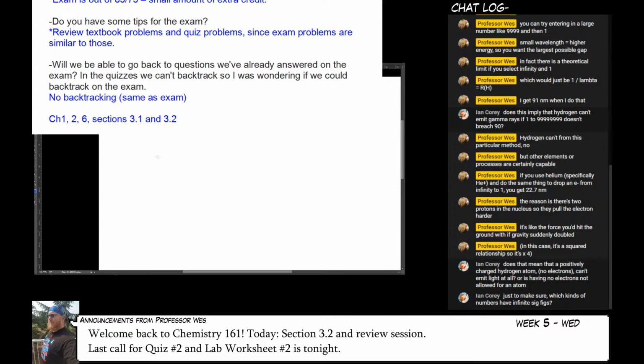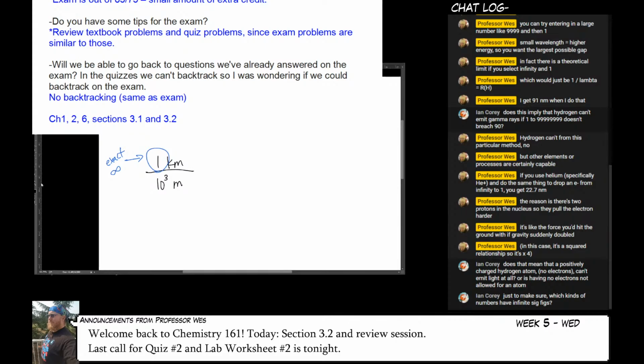Things that you should definitely watch out for, though. If you have something like this, remember that ones are always exact and have infinite sig figs? I know a lot of people get confused with that because they see the 1 by itself and they're like, oh, there's just one digit there, so all my answers become 1 sig fig, which is false. That is not what happens. Anytime you see a 1, it's exact.